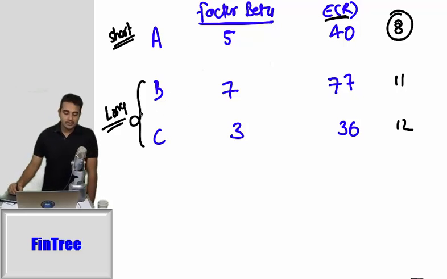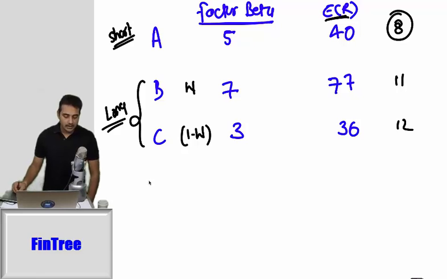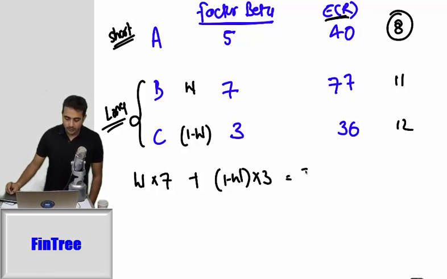Now what we need to do is construct a portfolio of B and C in such a way that the weighted average of 7 and 3 should come out to be 5. So we will assume that the weight in B is W. Then the weight in C would be 1 minus W. So the weighted average would be W into 7 plus 1 minus W into 3, and this needs to be 5.